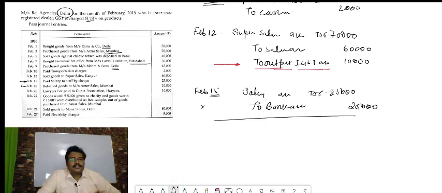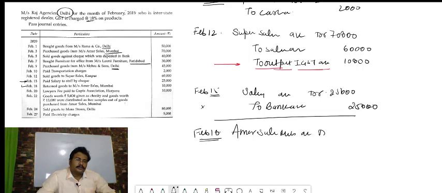So it is return goods to Mrs. Amar Sells Mumbai, 10,000. Who is returning? We are. Who is receiving? Amar. So Feb 18, Amar Sells Mumbai account debit 10,000.